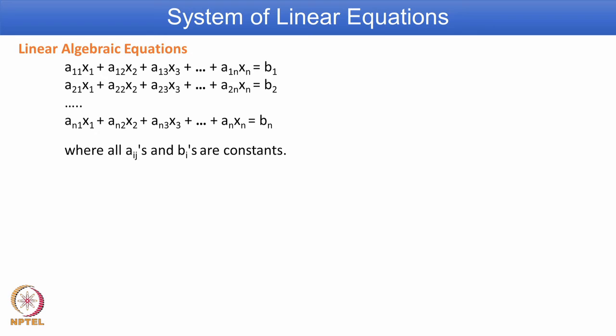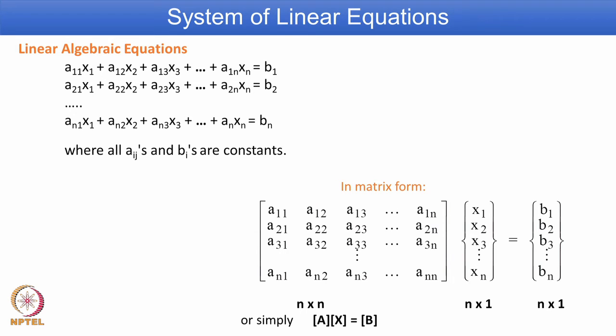Let us look at it in detail. A set of linear algebraic equations is shown here, where A as well as B are constants. The same equations in the form of a matrix are written here. The coefficient matrix A has elements A11, for example, all the way up to Ann. Then the unknown column vector x from x1 to xn.